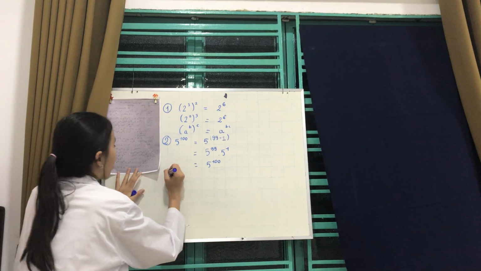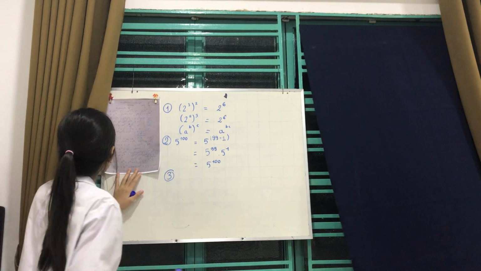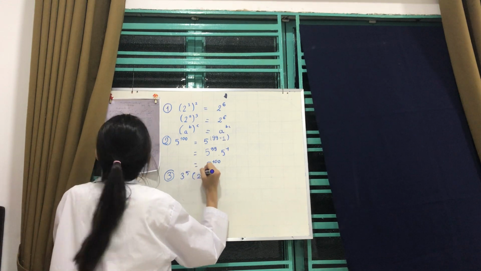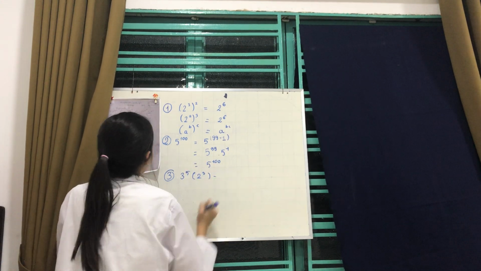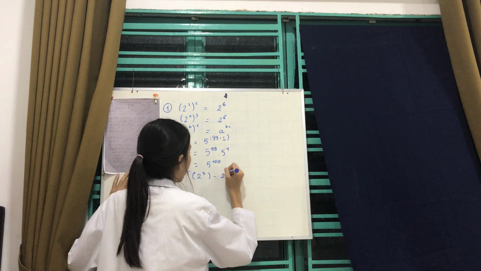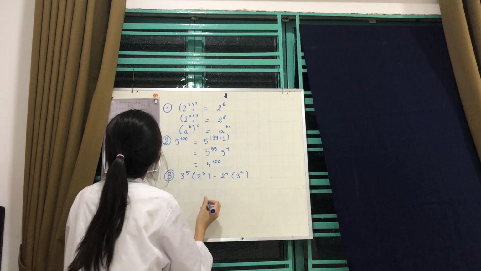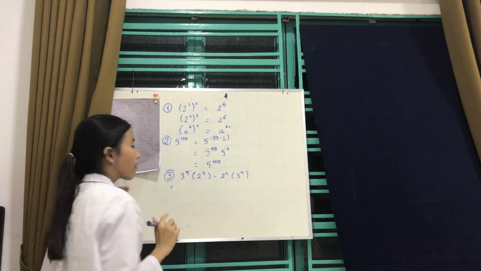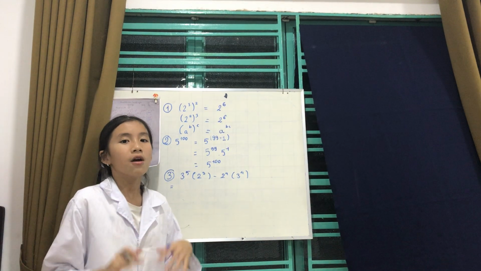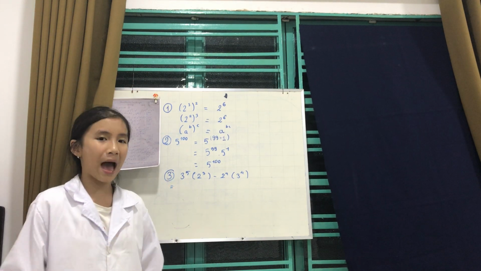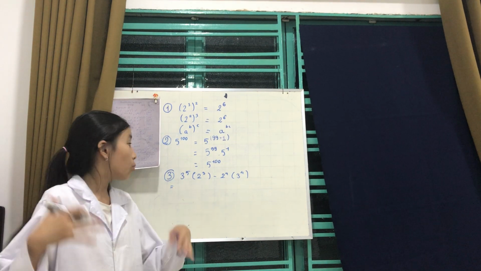Okay, the third problem. The third problem is 3 to the power of 5 times 2 to the power of 3 minus 2 to the power of 4 times 3 to the power of 4. Firstly, for this problem, the first step I did is that I look for any patterns, like anything in common whatsoever.